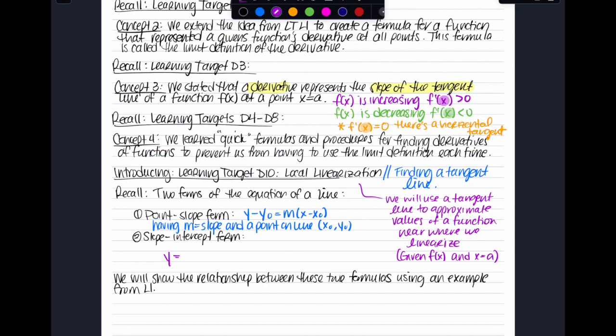Now, for that exact same scenario, if you distribute m and add over y naught, you're actually finding the slope-intercept form. So if we distribute m and add over y naught, this is the slope times the variable, and this is a constant. This is actually b. That value there is b for slope-intercept form, which was y equals mx plus b.